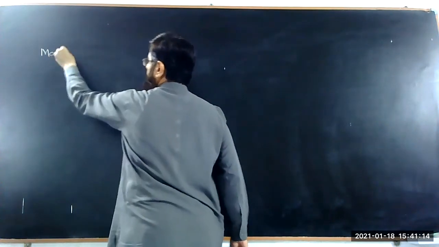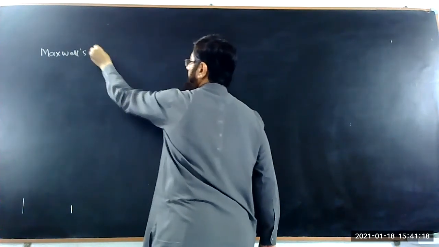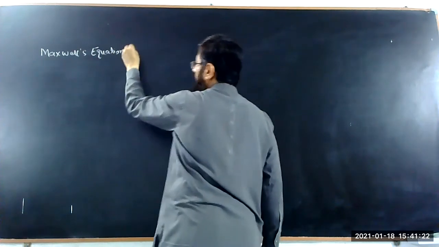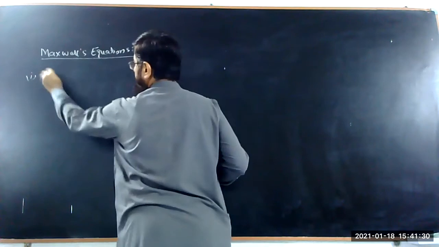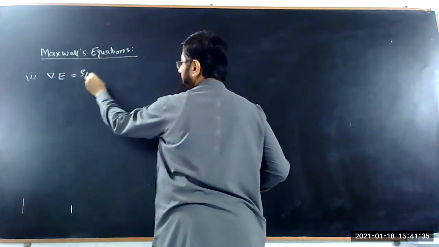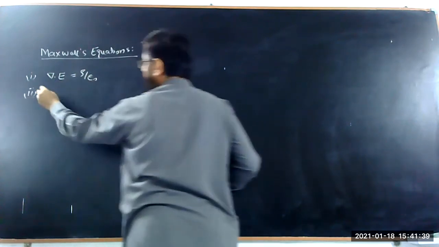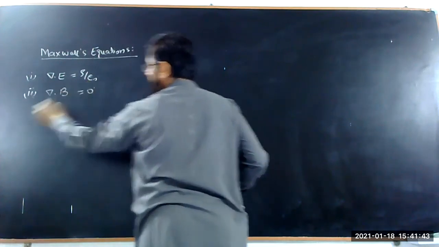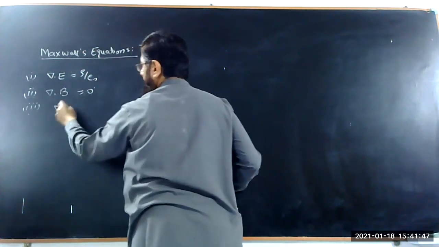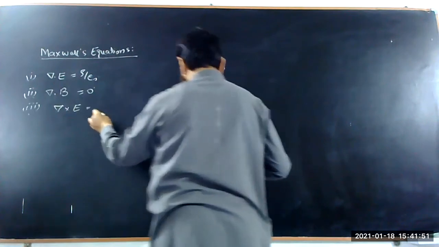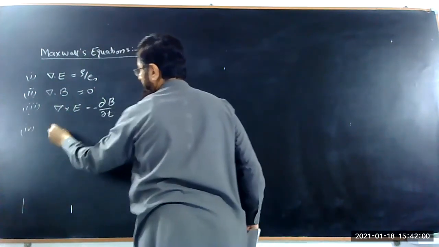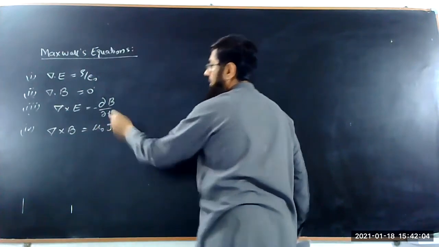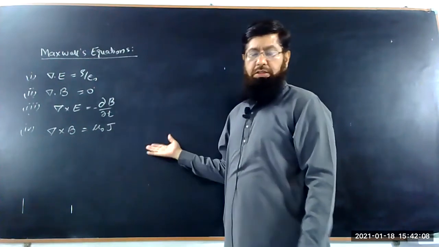So what we have seen is that there are four equations which we call the Maxwell equations. Simply, equation number one is the divergence of E is equal to rho upon epsilon naught, and number two is known as the divergence of B is equal to 0, and number three equation is the curl of E is equal to minus dB over dt, and number four is the curl of B is equal to mu naught J. So these are the four equations, and we call these four equations the Maxwell equations.